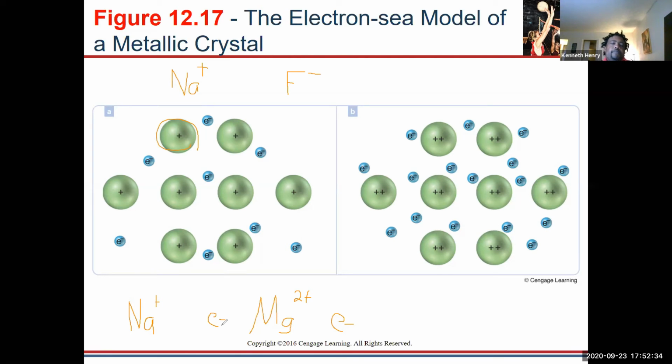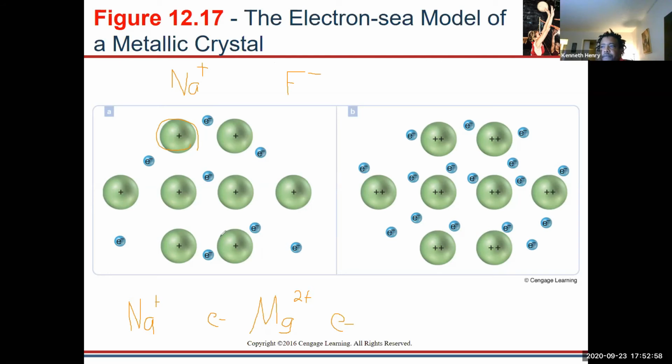So we call it a metallic bond, but it's not like a real bond, you know? It's just delocalizing electrons, right? Where this guy is an ionic bond because you have a positively charged atom and you have a negatively charged atom that are interacting together.